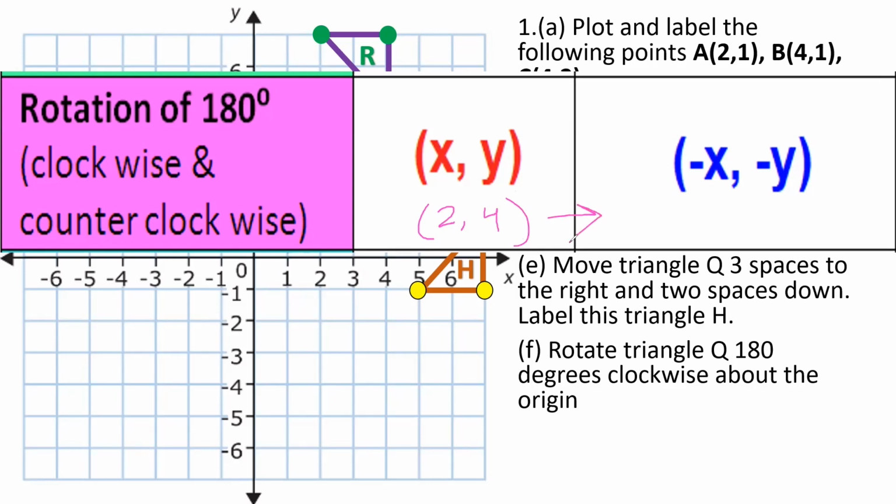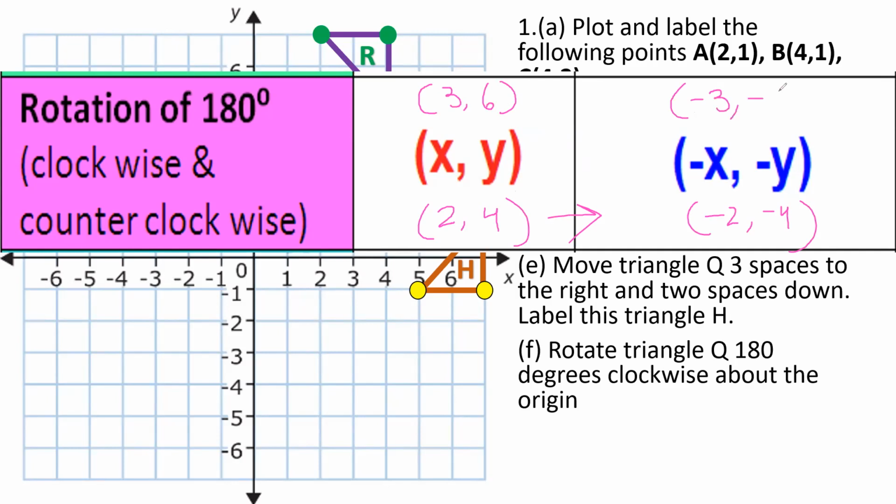The coordinates of the rotation are (-2, -4). If we have (3, 6), it's going to be (-3, -6).